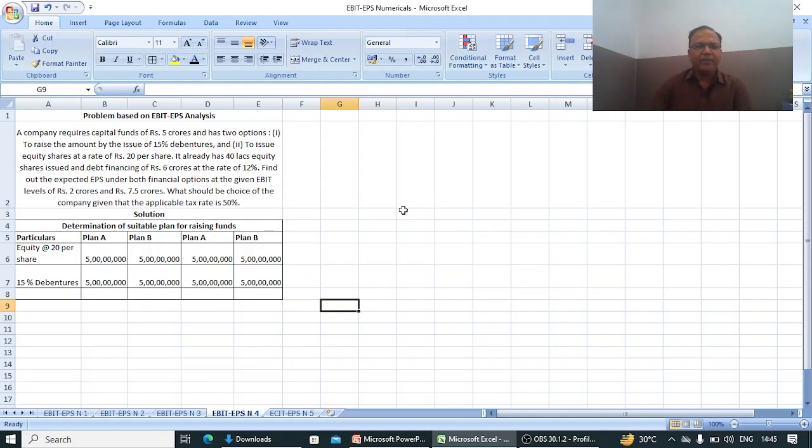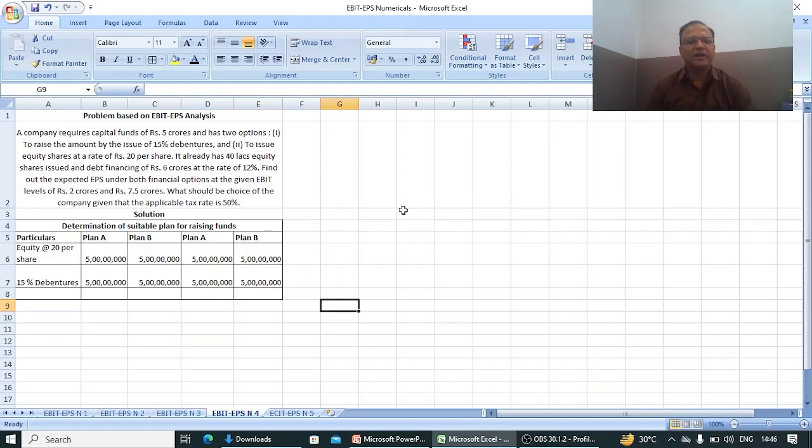Now, again, it depends on you whether you would like to include debt financing charges in the calculation, because there is no need to include this calculation, because we have to take the decision, and this is actually the cost which is incurring in both the alternatives.